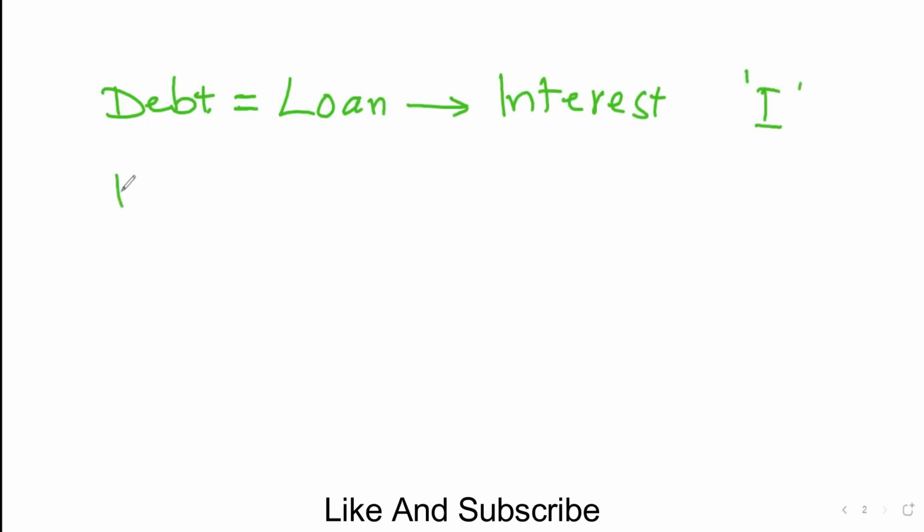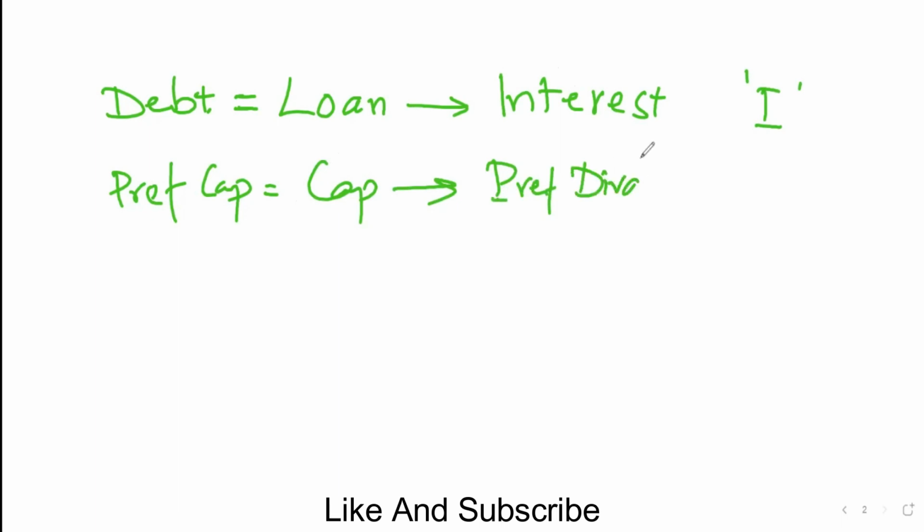And those who give preference capital: in companies you have equity capital and preference capital. In preference capital, they are interested in preference dividend. They don't get a share in the profit. They get dividend. So it is called PD.